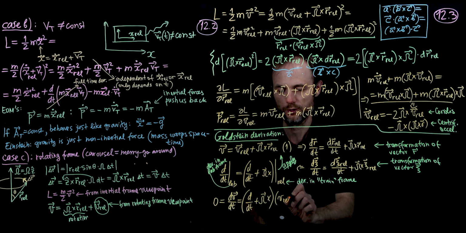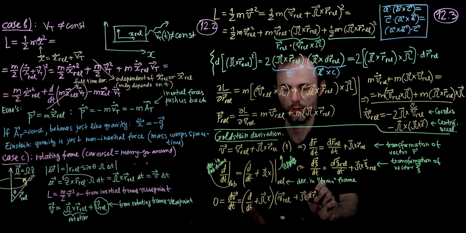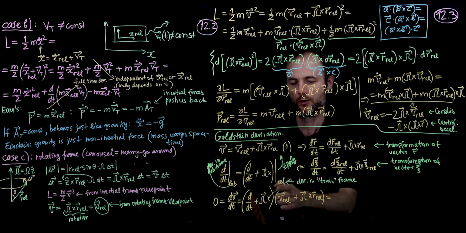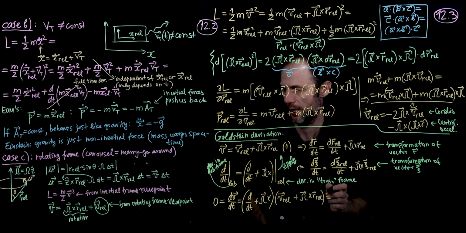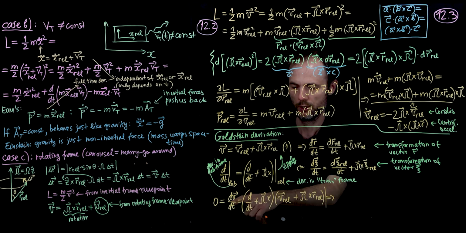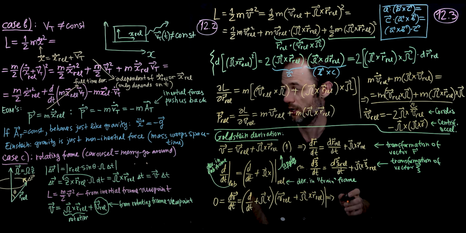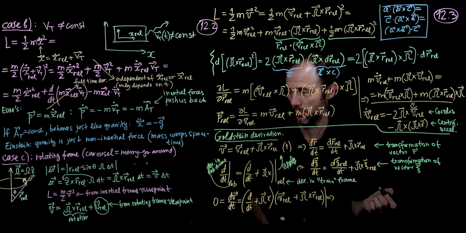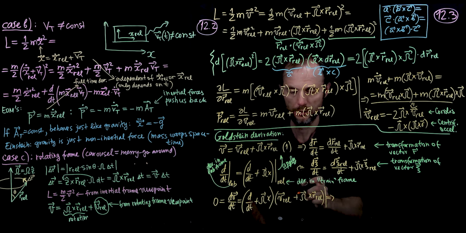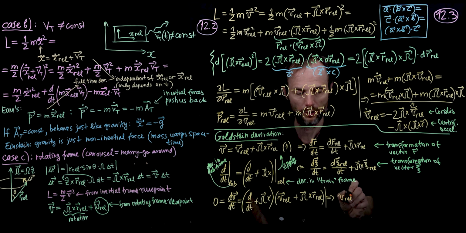So it will be v relative plus omega cross r relative. All right, so what do we get out of here? We are going to try and get equations of motion. So 0 is going to be equal to d/dt will be v relative with the dot.